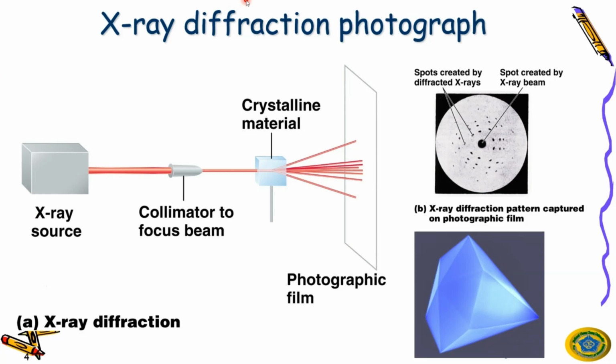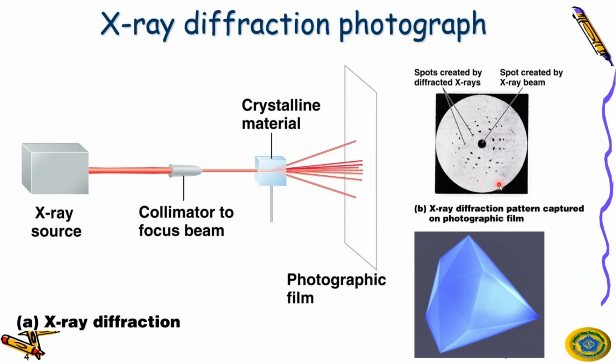If you put this piece of material in front of the X-ray beam, and the X-ray shoots the crystal, the diffraction beam makes a pattern like this, then we will say that the one I'm holding in my hand is a crystal.